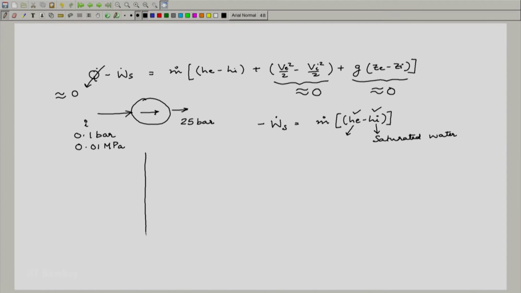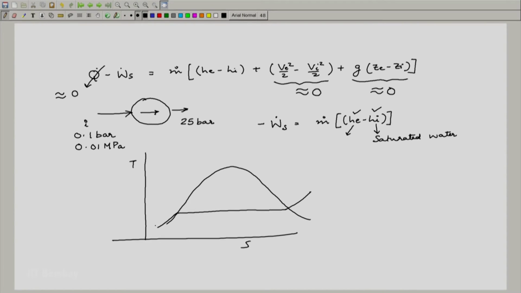So if we just look at the situation here, if I draw it on a TS diagram, these are various isobars here, I will exaggerate it at this point, and we have a situation where the inlet is here and we pump it to a higher pressure here. So this is Pi, this is Pe.